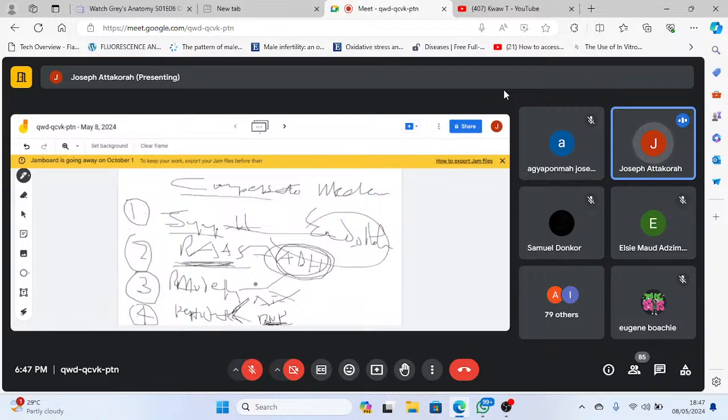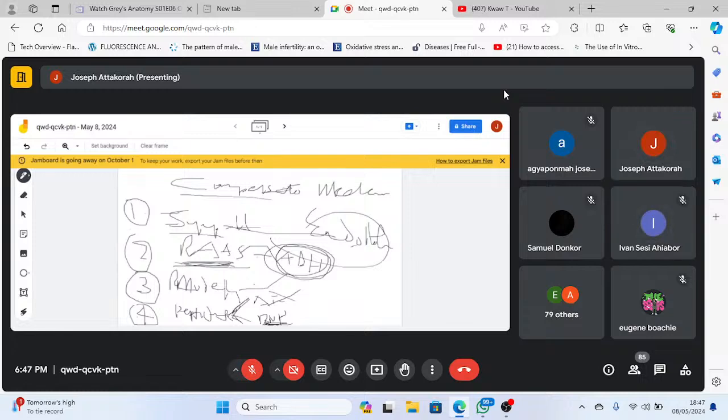Hurry up. So is it that they work, they have different functions, although they are against themselves.